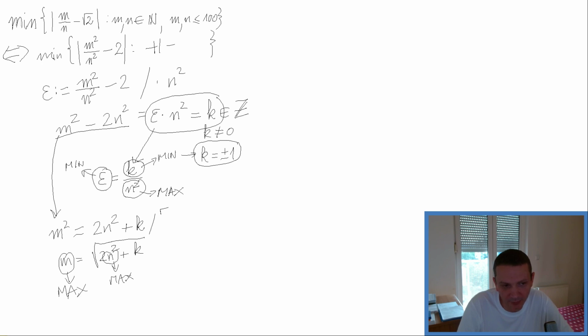We need m to be the maximum possible, and the maximum possible is if we take m equal to 99. I want it strictly less than 100, not less than or equal, so the maximum possible value for m is 99.